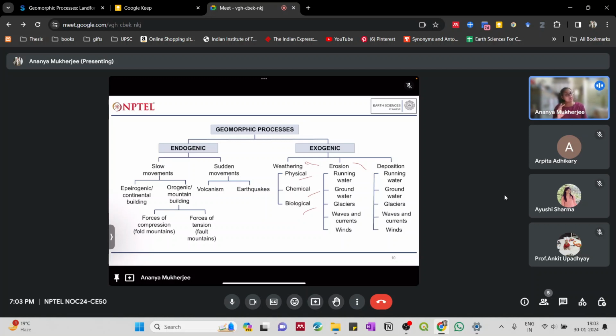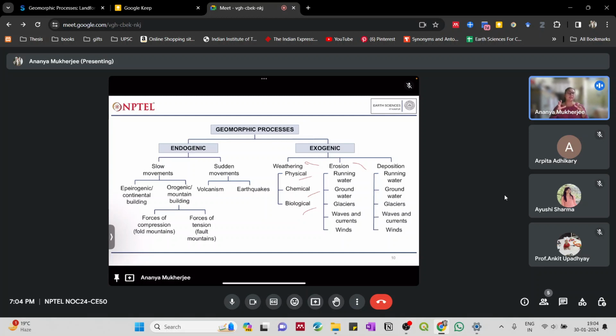Chemical weathering will happen when this rock had a certain composition, and due to precipitation of newer material because of action with water, there is a coating of a newer material on top of this rock and then it disintegrates. So that will be a combination of your chemical as well as your physical weathering.